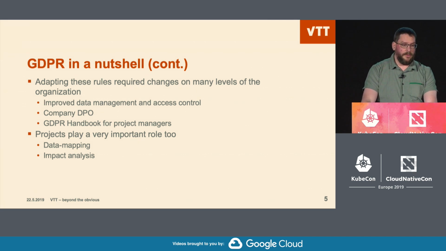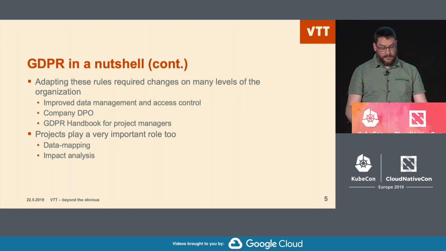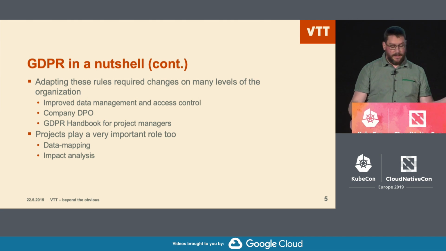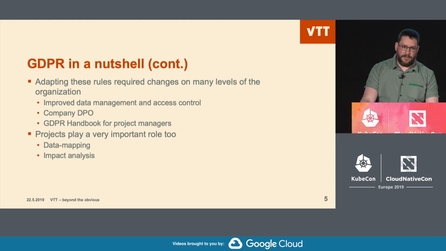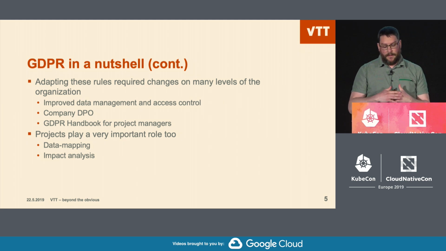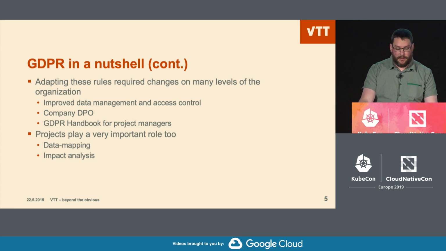They can also always contact the National Data Protection Office, which in Finland is an ombudsman. We also created this GDPR handbook that is for the project managers. So every time we are starting a new project, we are doing a couple of things.